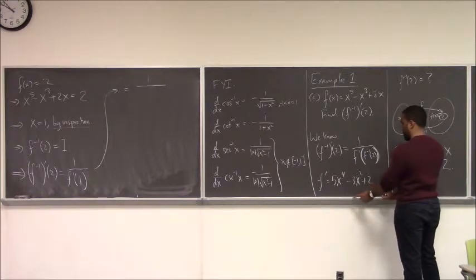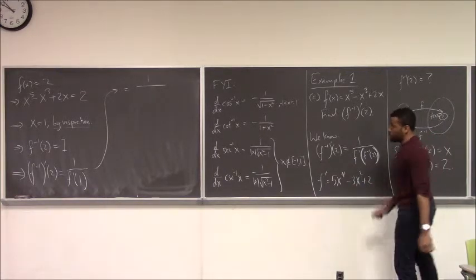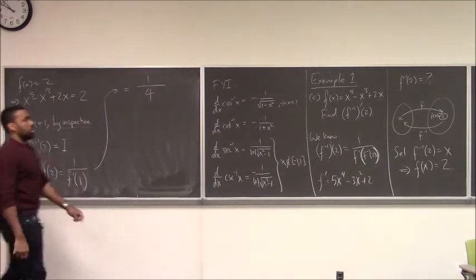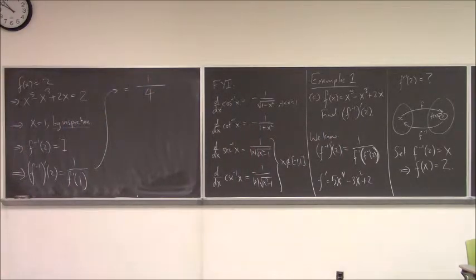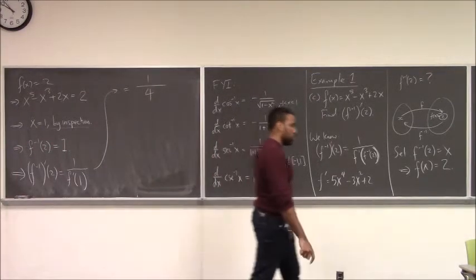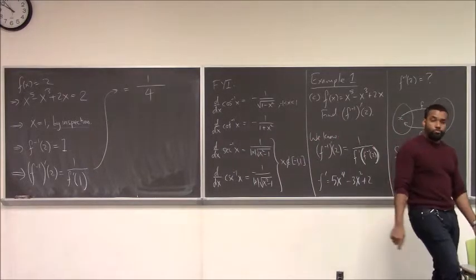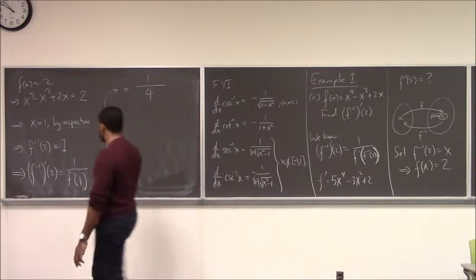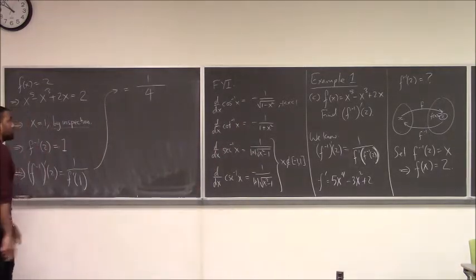We're going to get 5 plus 7 minus 3, that's 4. So the slope of the inverse function, when the inverse function's input is 2, is a quarter. So that's the answer.